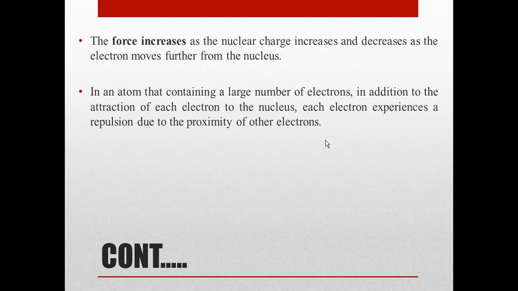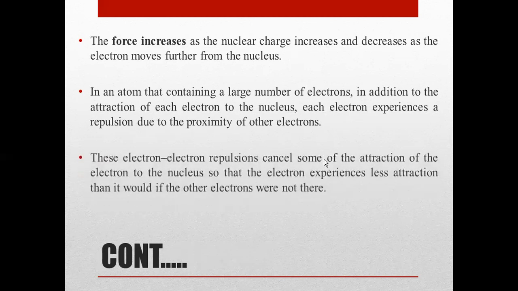If you have a large number of electrons, you will face the repulsion problem. Because of this electron repulsion, some of the attraction of the electron to the nucleus is cancelled, so the electron experiences less attraction than it would if other electrons were not there.